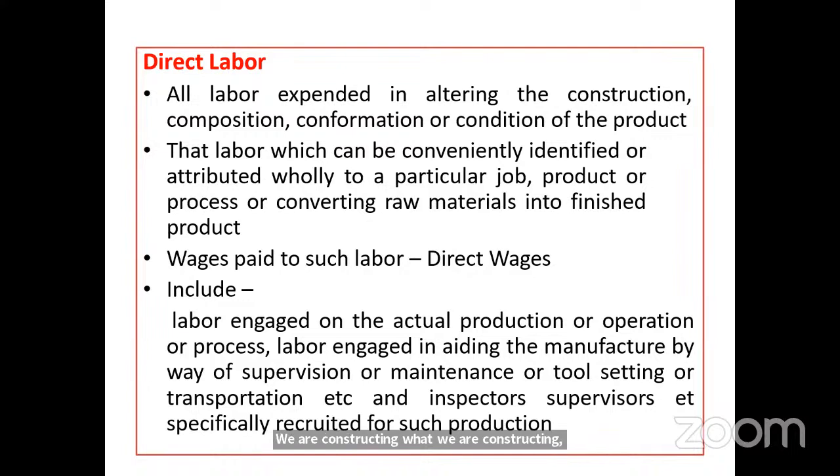We are mixing many materials together and preparing the paste, then processing them on the basis of their weight in the oven, and finally we get the finished product. So all labor expended in altering the construction, composition, conformation, or condition of the product comes under direct labor cost. That is labor which can be conveniently identified or attributed wholly to a particular job, product or process, or to converting raw material into finished product.